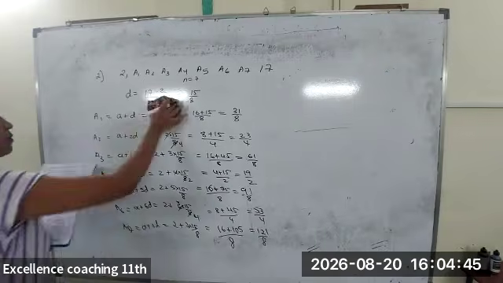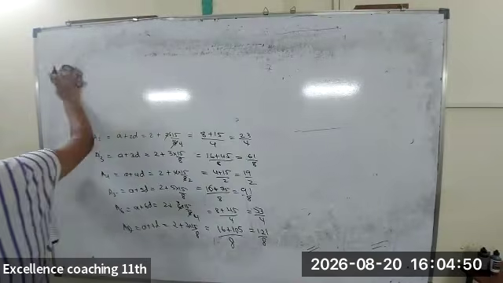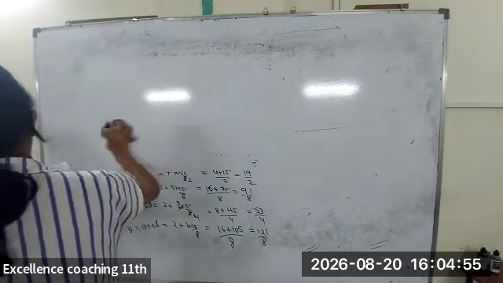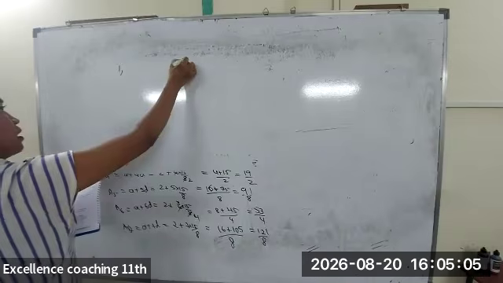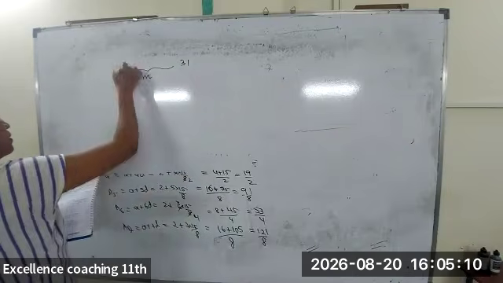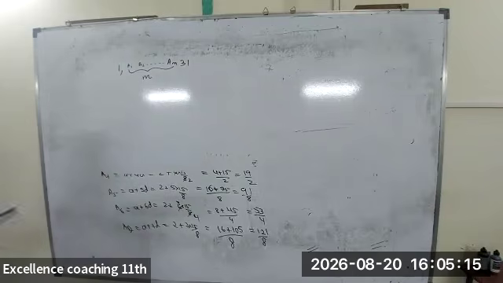Third one. Between 1 and 31, m numbers have been inserted in such a way that the resulting sequence is in an AP.